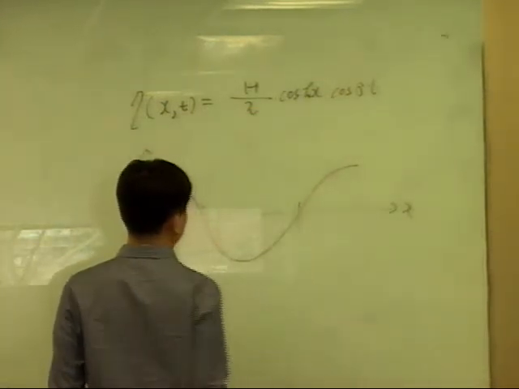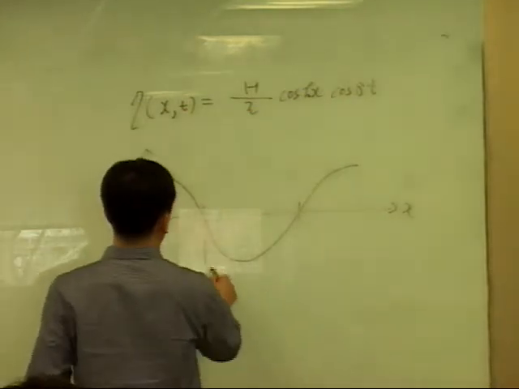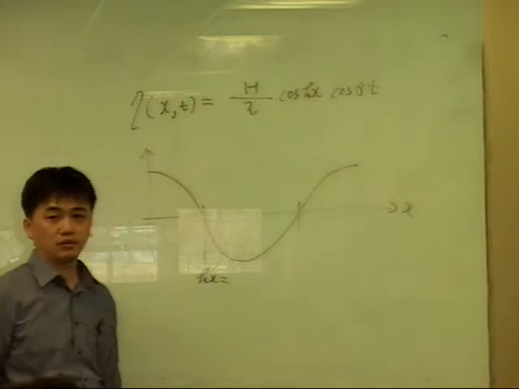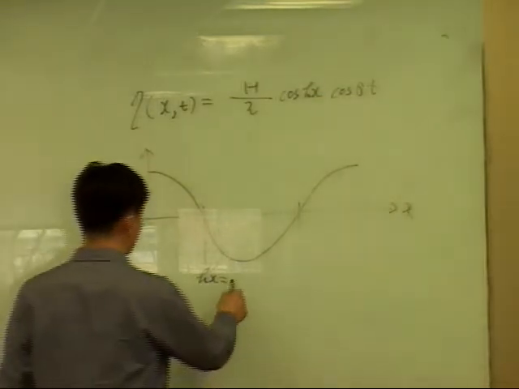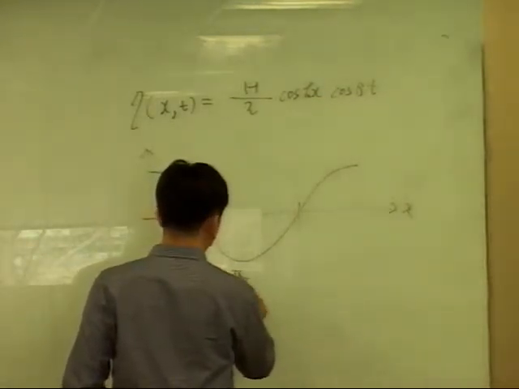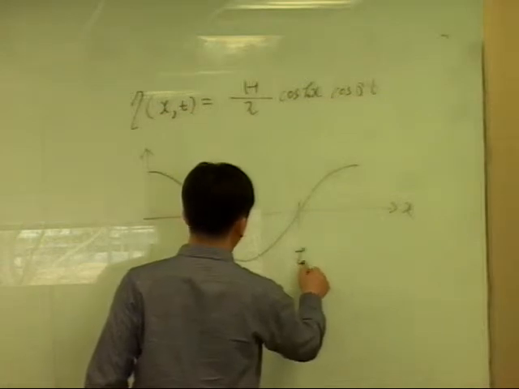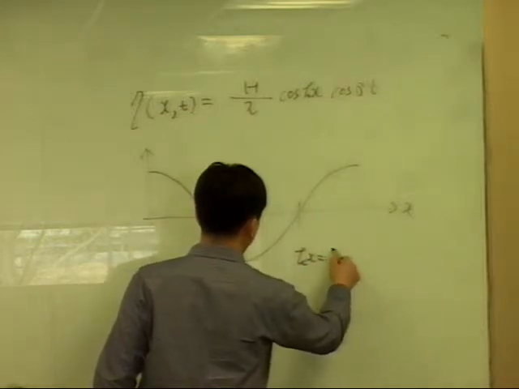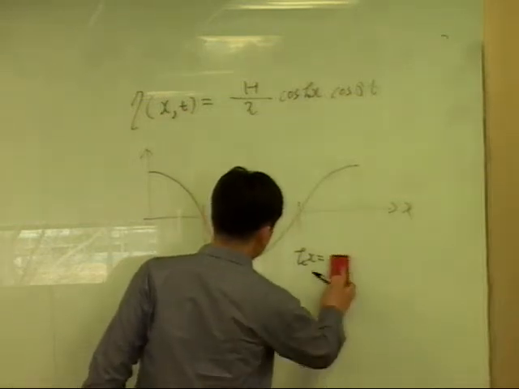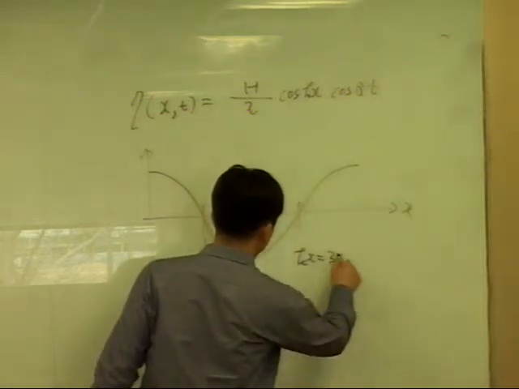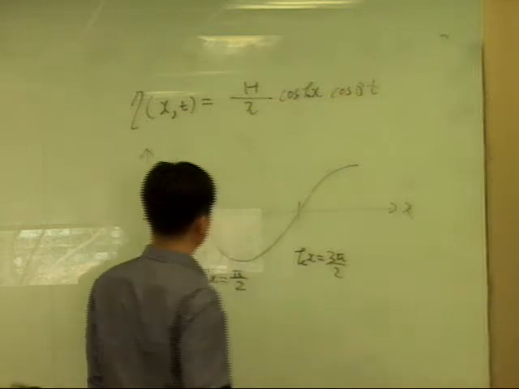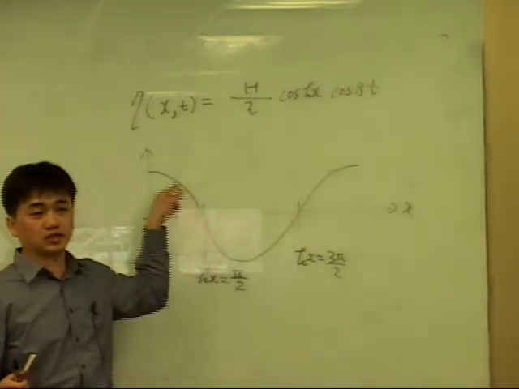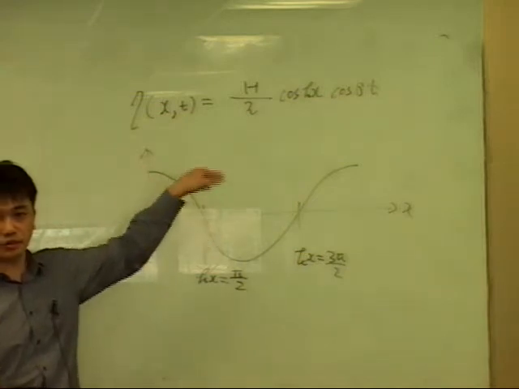This is when kx equals pi over 2, and here kx equals 3 pi over 2. At these two points, the wave shape is always 0.